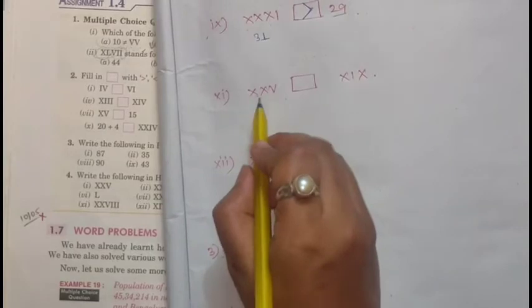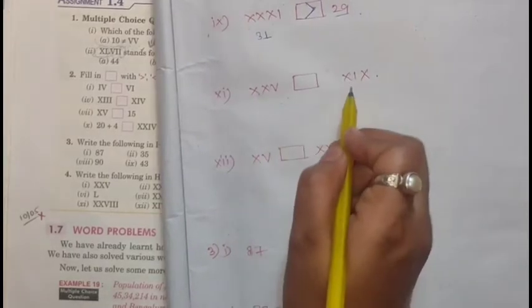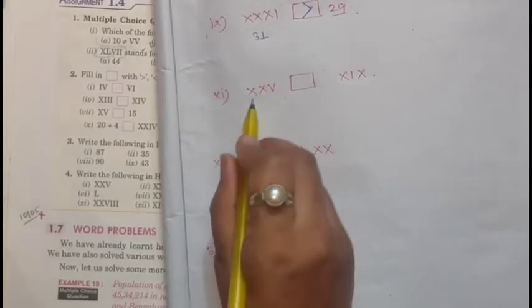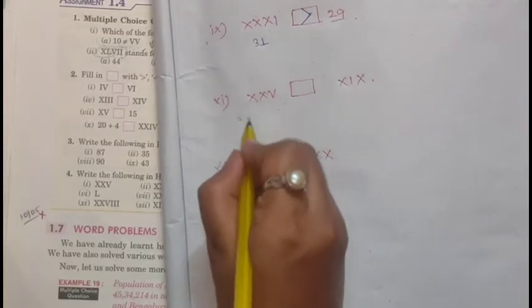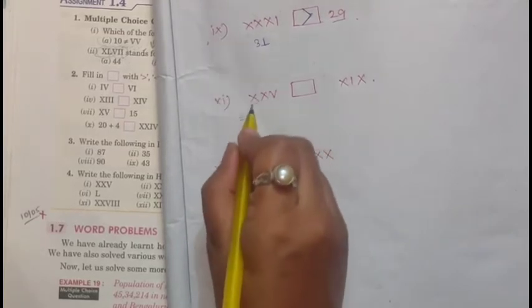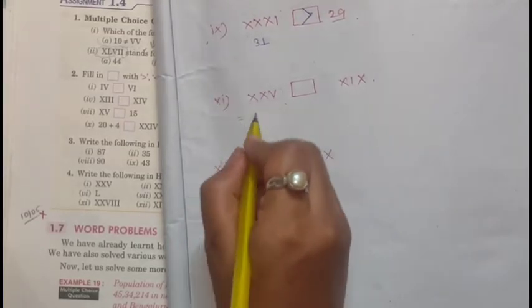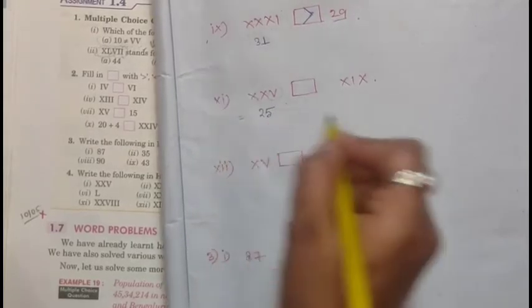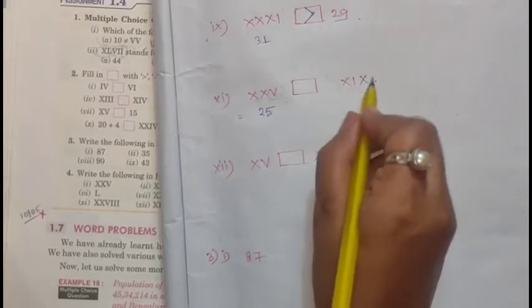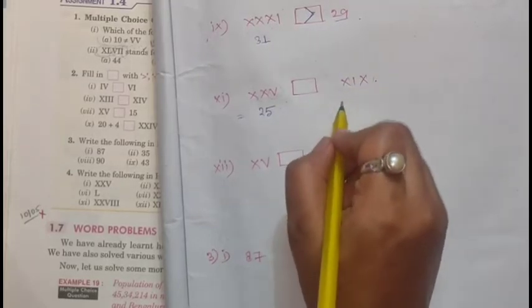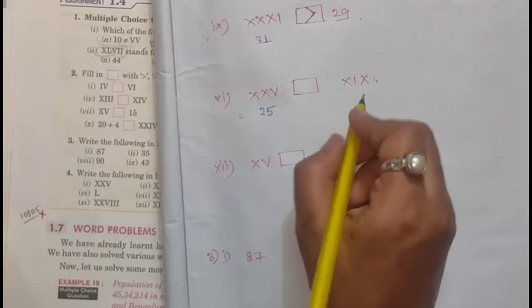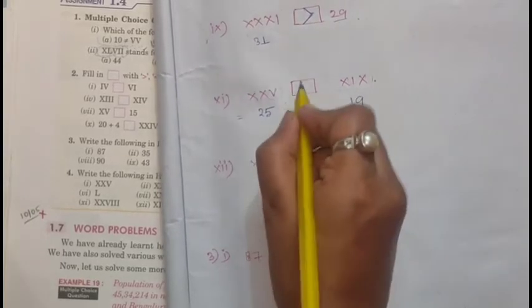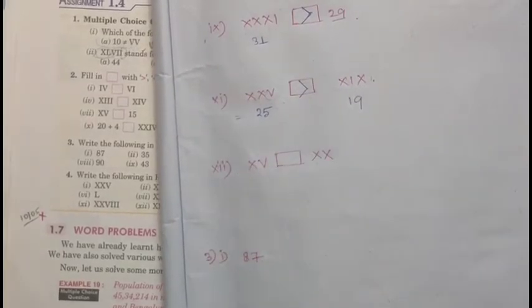Next one XXV, and this is XIX. XXV, that means the number will be XX, this is 20, V is for 5, so the value will be 25. The value of this Roman numeral will be X is for 10, IX is for 9, so this value will be 19. So you need to put here also greater than sign.